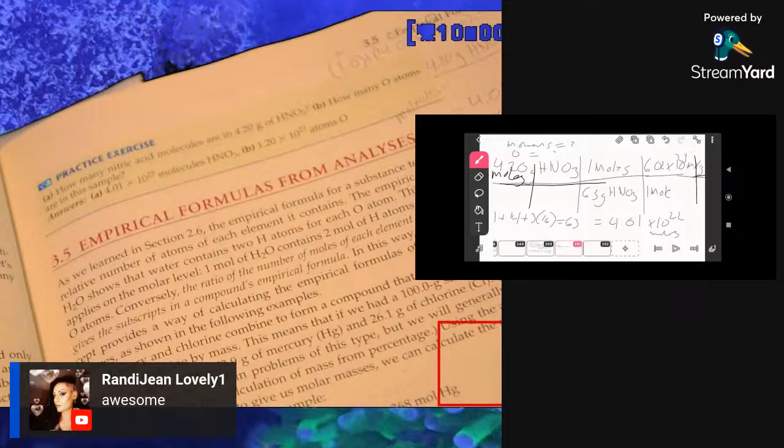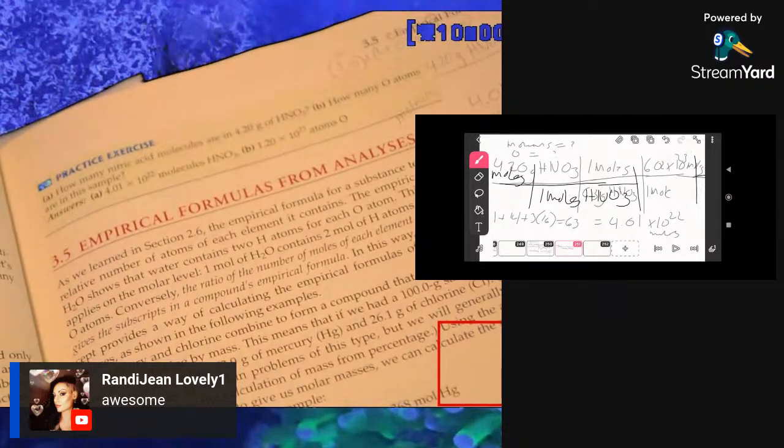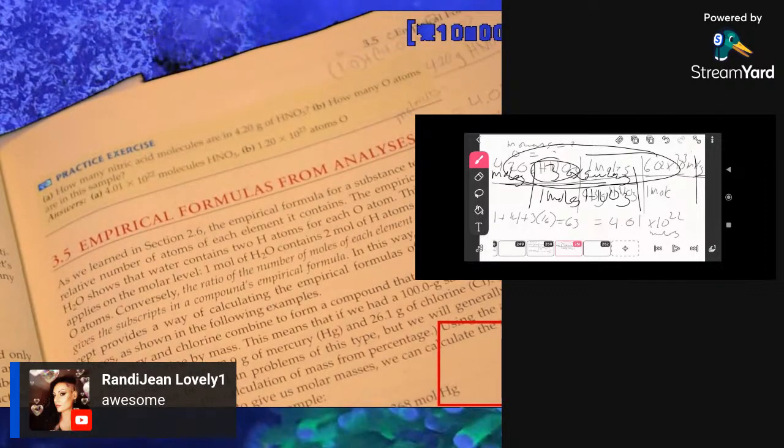All right. And then 1 molecule of nitric acid, HNO3, has 3 oxygen atoms. And then you would have done the same calculation, only multiplied by 3 and still divided by 1.